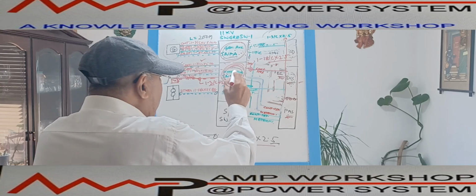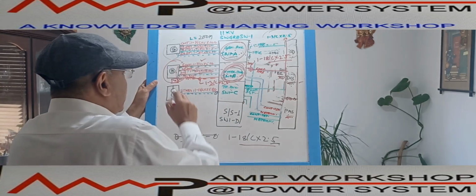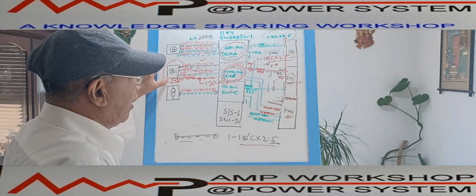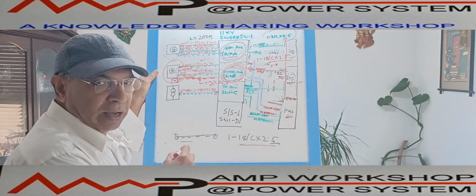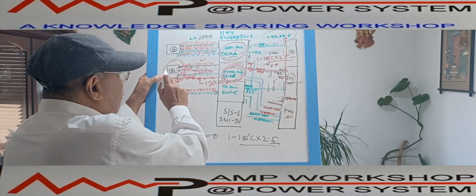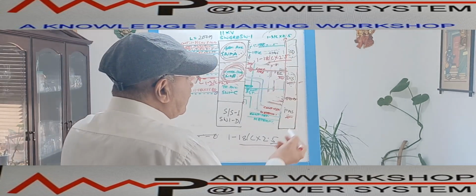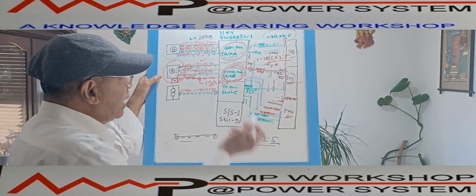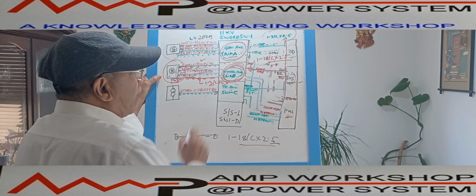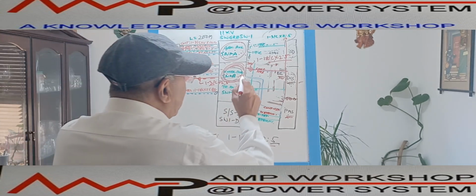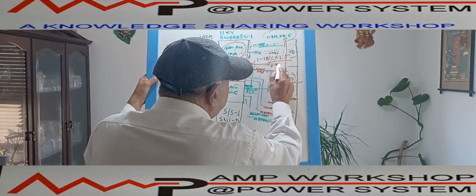Similarly, suppose the motor is located in a hazardous area and there is a fire. In that case, what will happen? Immediately the fire signal will be sent to the ESD system. Then the emergency shutdown system will issue a tripping command to this motor panel. So there will be one cable going from here to the ESD system.